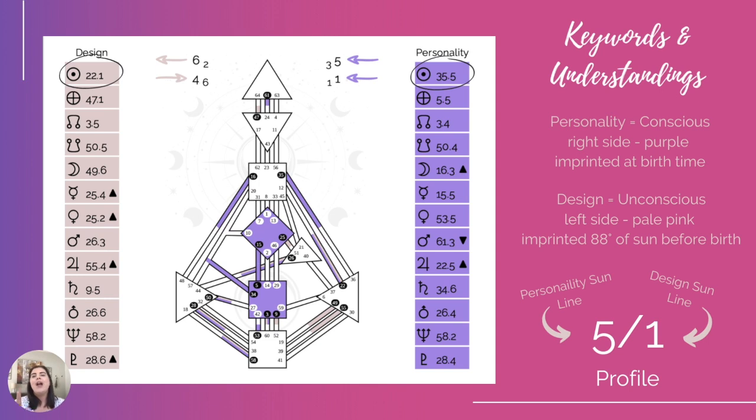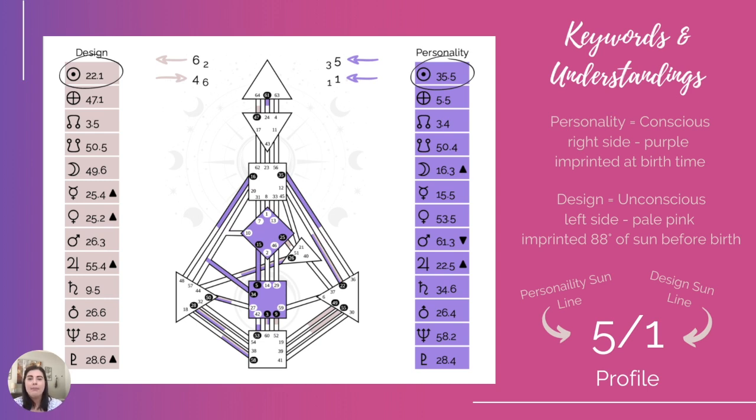Okay, so I have all of this written down on the far left side of the slide, so you can always pause and take this in a little bit more if you need to. Now, where does profile actually come from, these numbers? At the bottom of the left-hand side, I have a big 5/1. This is how we write profile. Your personality line comes first.